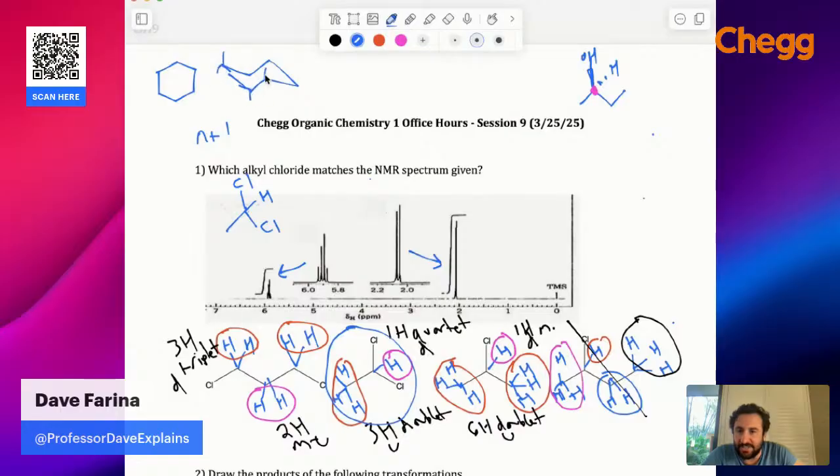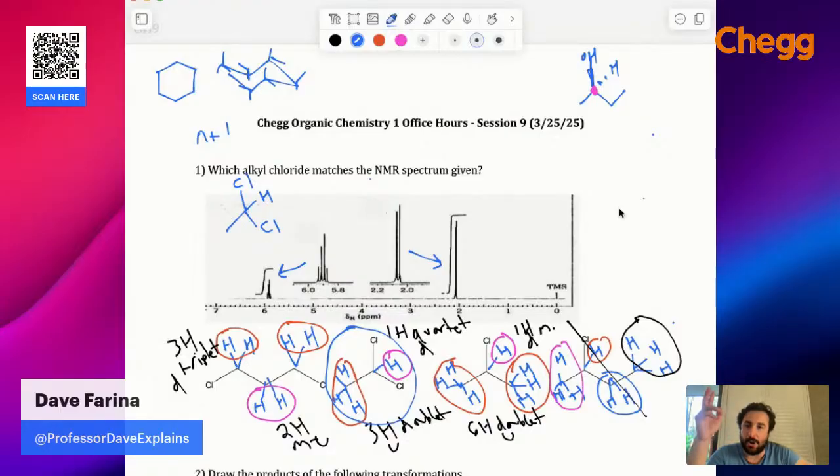And the reason this is the most favorable conformation is because it allows, number one, all of the carbons to exhibit perfect tetrahedral geometry with 109.5 degree bonding angles, whereas other conformations tend to put some strain on it.